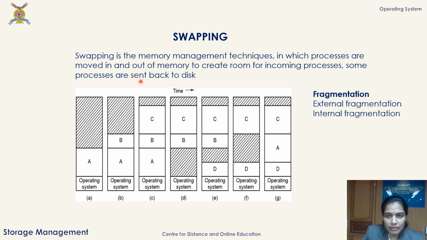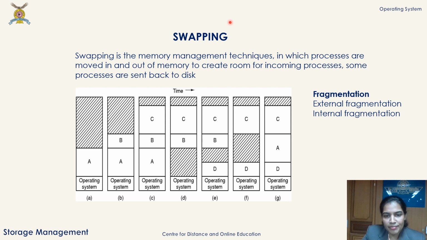If enough memory is not available for a new incoming process, then idle processes or suspended processes can be selected, swapped out of the memory and sent back to the disk.